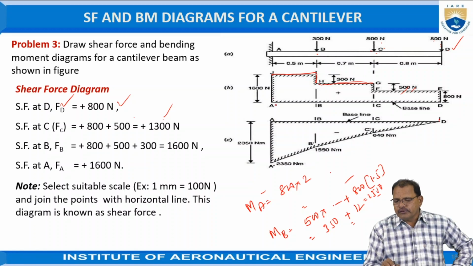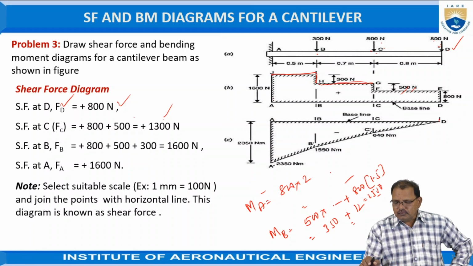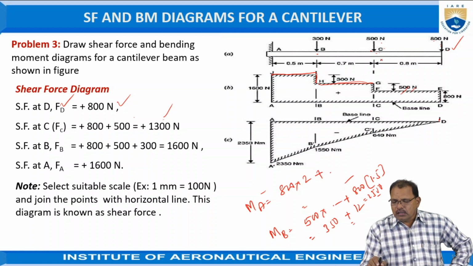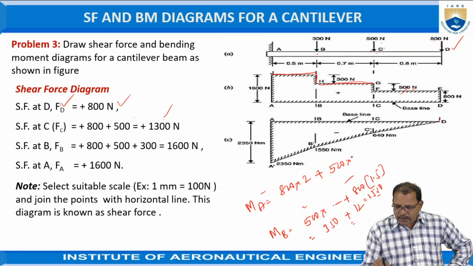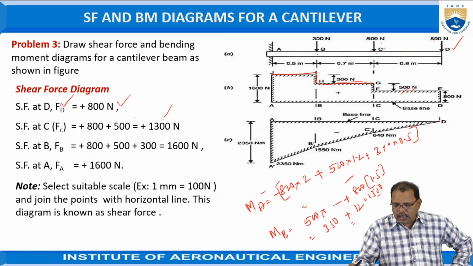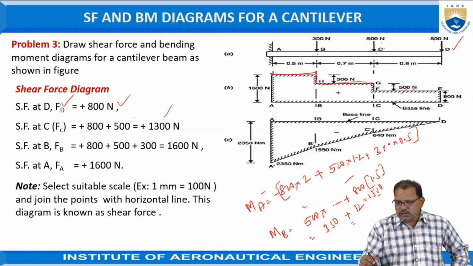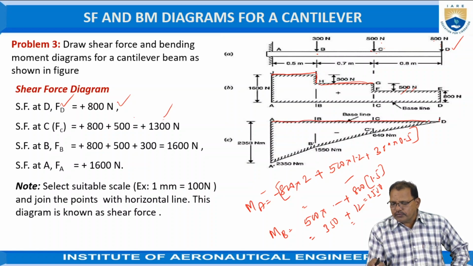So the bending moment created by the forces at A is 800 into the length of the beam, 2, plus 500 into 1.2 plus 300 into 0.5. All of this is treated as negative because the effect is hogging. This value is equal to 2350 Newton meter.